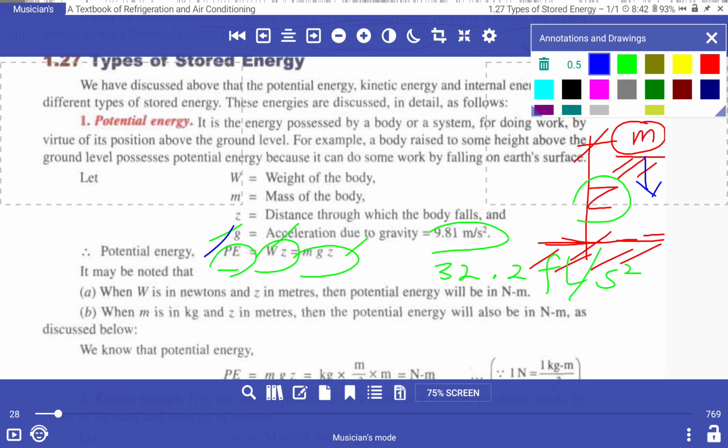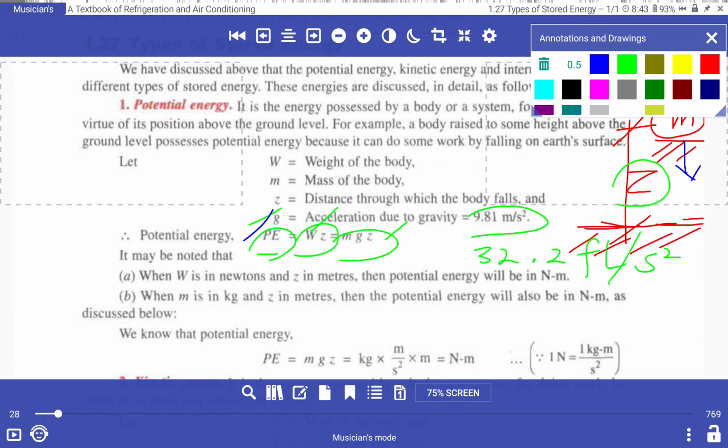So we have notes here, A and B, right? A: when W is in Newton and Z in meters, the potential energy will be in Newton meter. It's talking about the unit here.